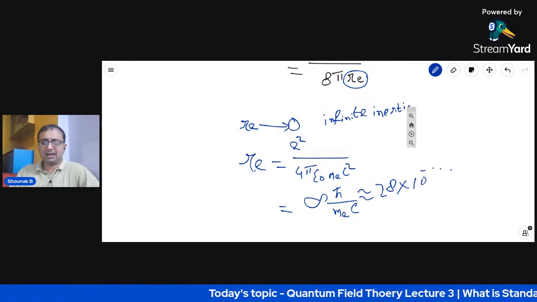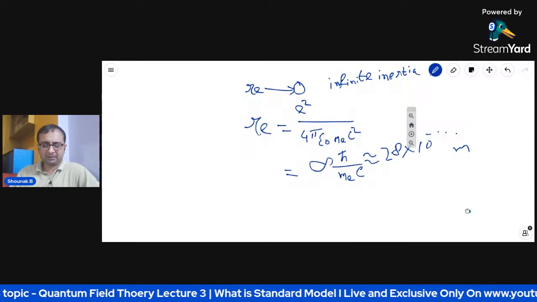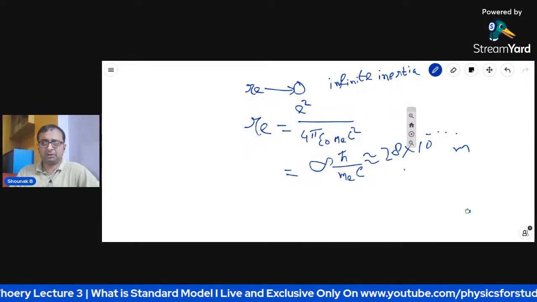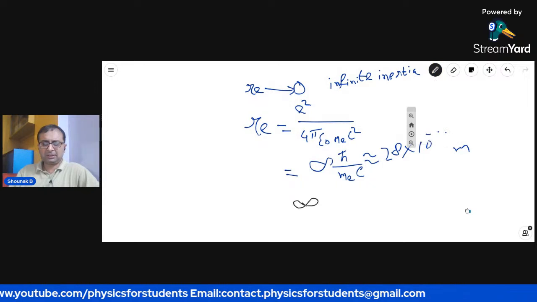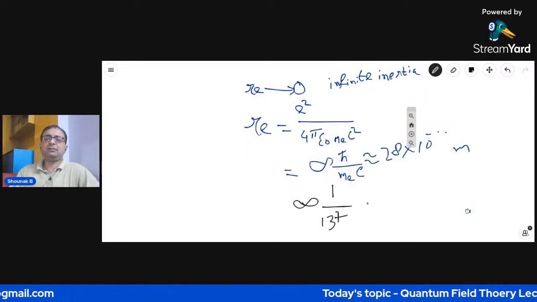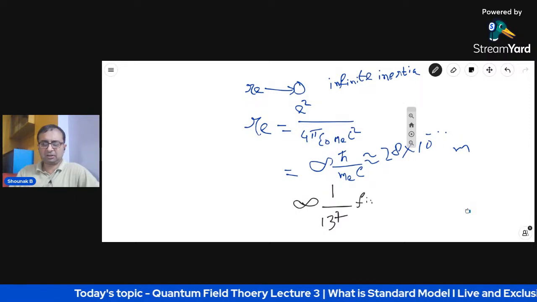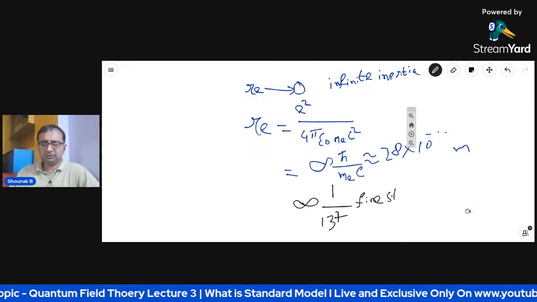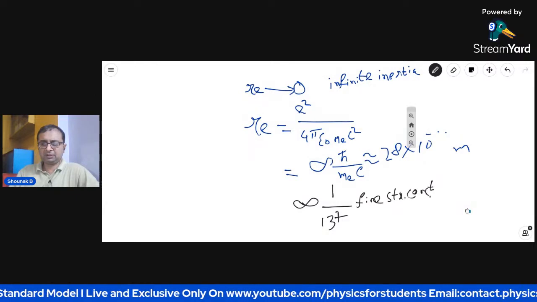You need to find out m, right? And in this case, this proportionality constant that I'm drawing, let us take it in black again, would be somehow proportional to 1 upon 137, which is called the fine structure constant.